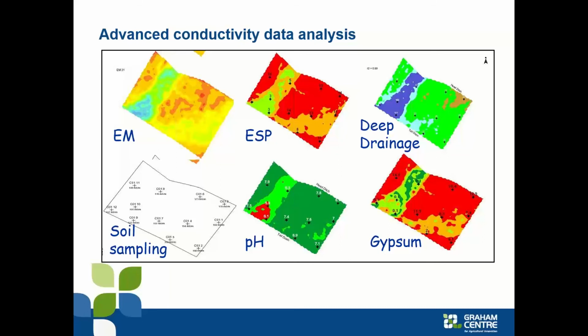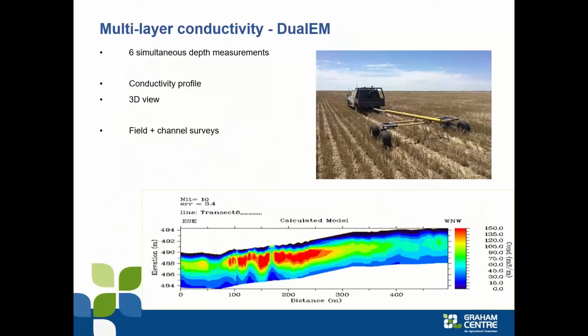So there's a range of things that we can be doing once we start identifying the trends in the soil characteristics. Perhaps the most substantial change in conductivity surveying, particularly in the last few years, is the ability to do multi-layer investigations.